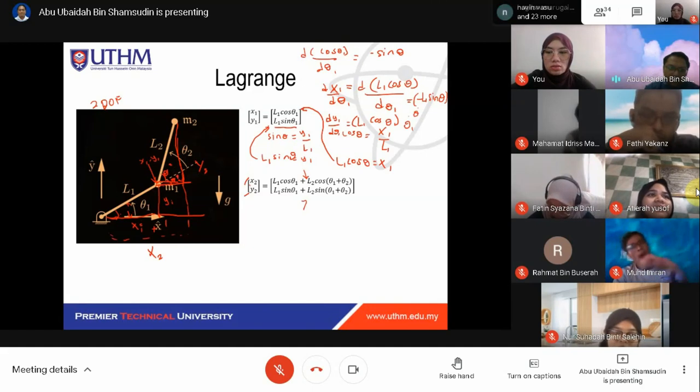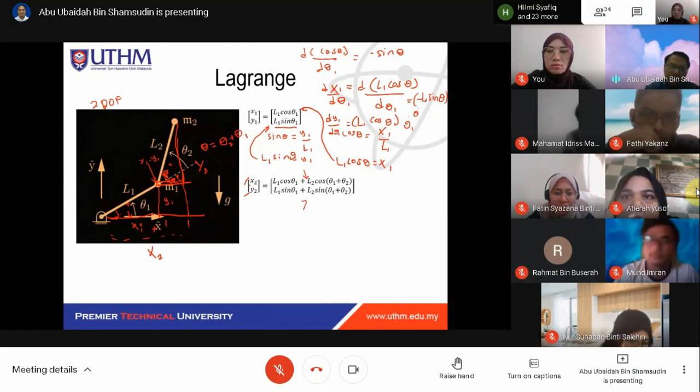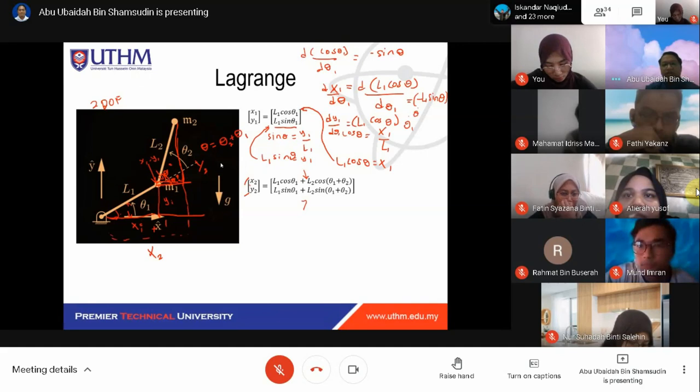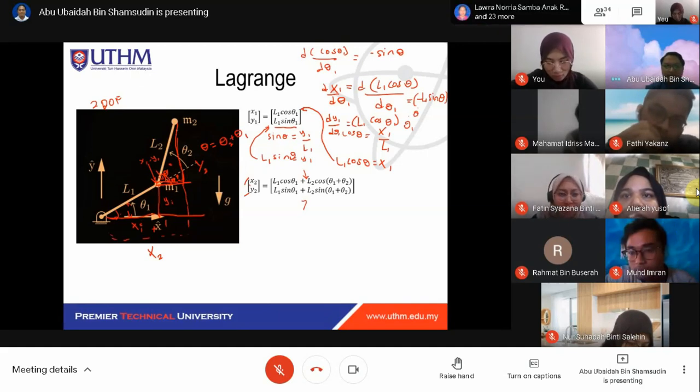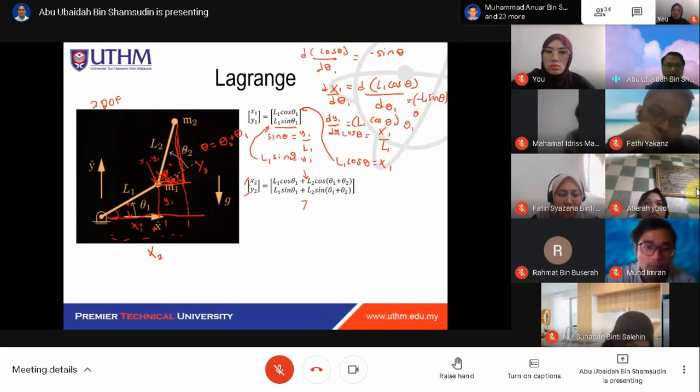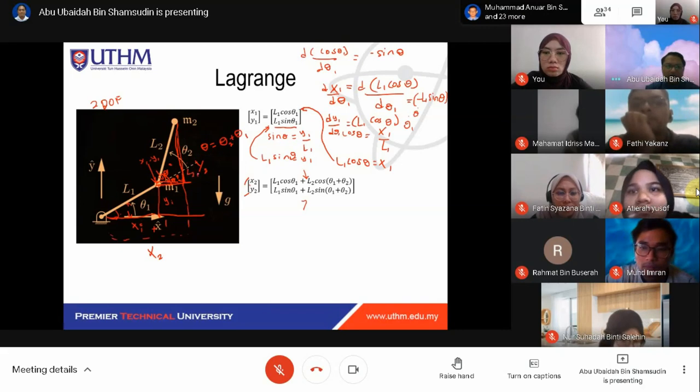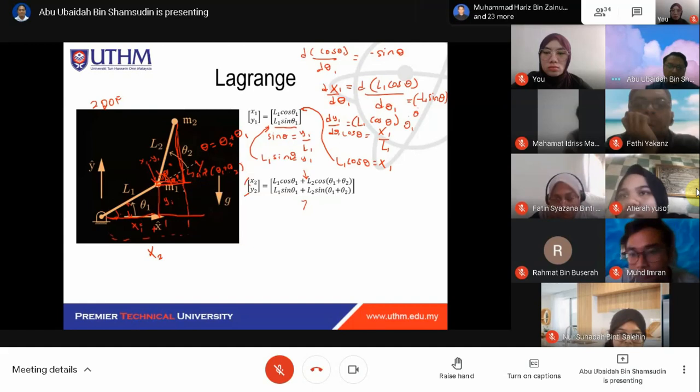To get this theta here, we need theta equals theta 2 plus theta 1. After we get this theta, we just do the same thing. This value here equals L2 sine of theta 1 plus theta 2. And this value over here equals L2 cos of theta 1 plus theta 2.